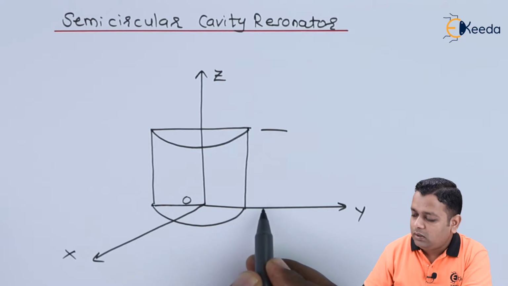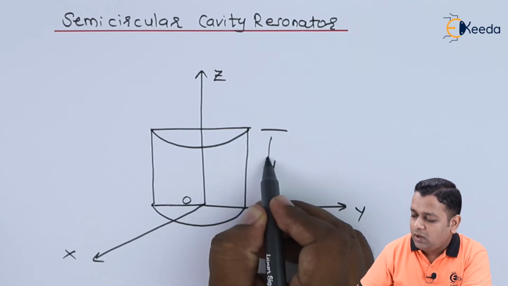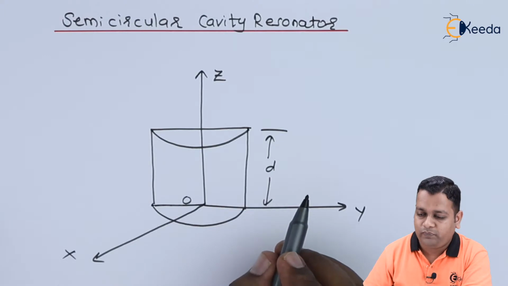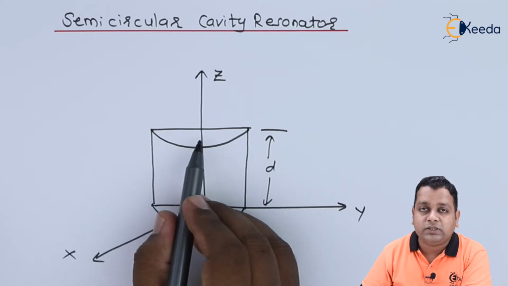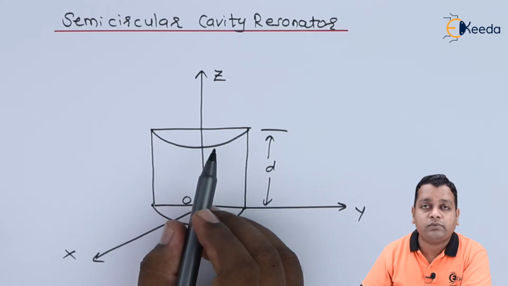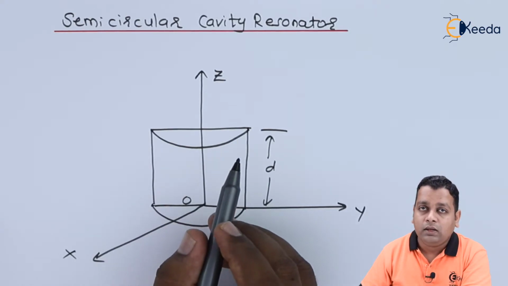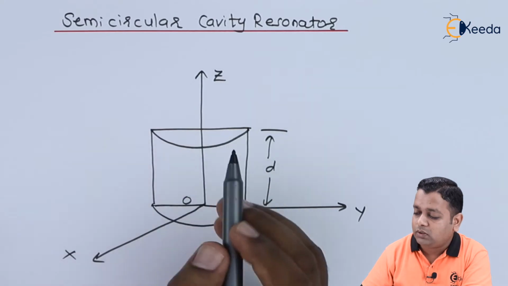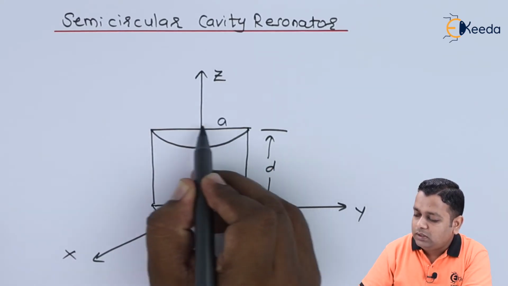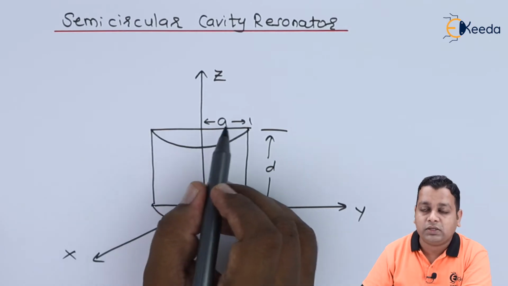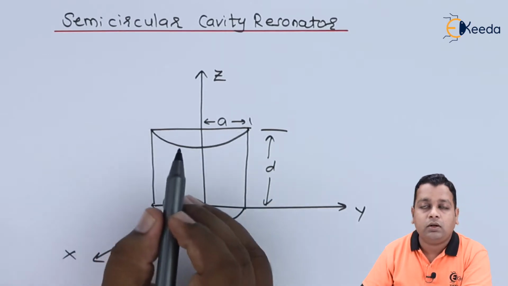Let us mark the length of the cavity resonator, represented by small d here. Now, as we represent small a to be the radius of the circular waveguide and the circular cavity resonator, for the semicircular one also we represent this length by small a, the radius of the semicircular cross section.